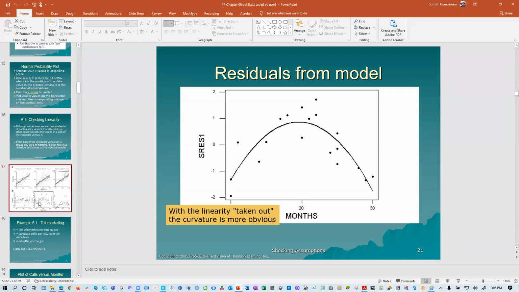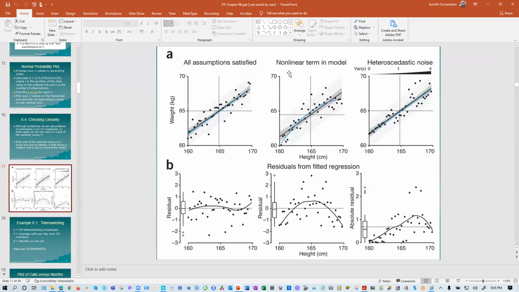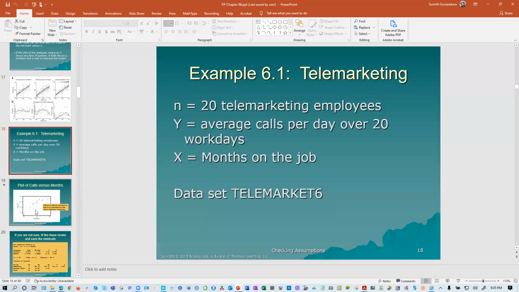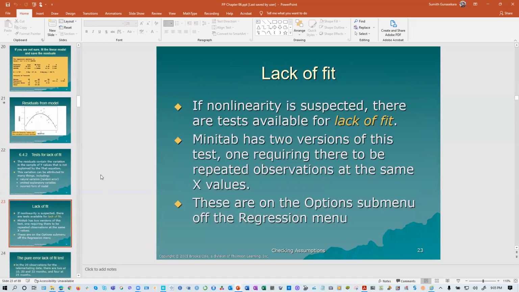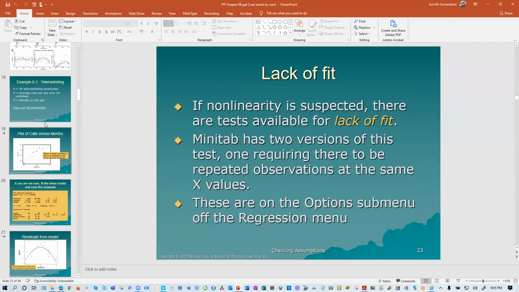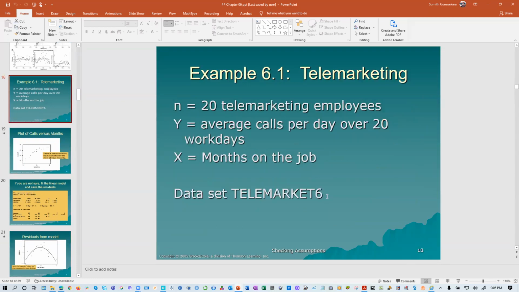That shape tells us there should be a nonlinear term in the model. That means you can easily add the x squared to the regression model. We did that in our examples previously, even though they call this one under chapter 6 Telemarket 6. We did this under another chapter, the telemarket data.